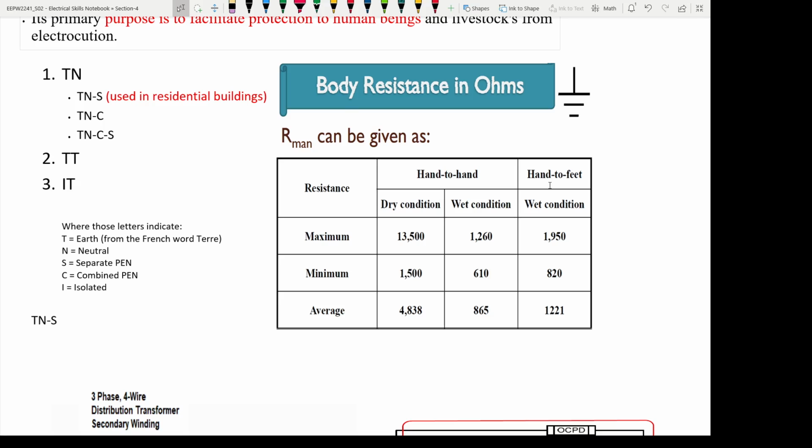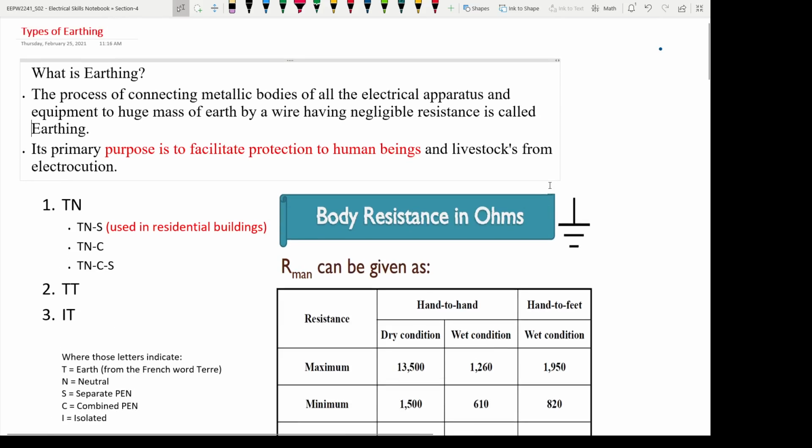So whenever a line to earth fault happens through a human body, the fault current needs to flow through this value of resistance, which is in the range of kilo ohms. Suppose we are able to provide a low resistance path for this leakage current, for example 2 ohms or 3 ohms.